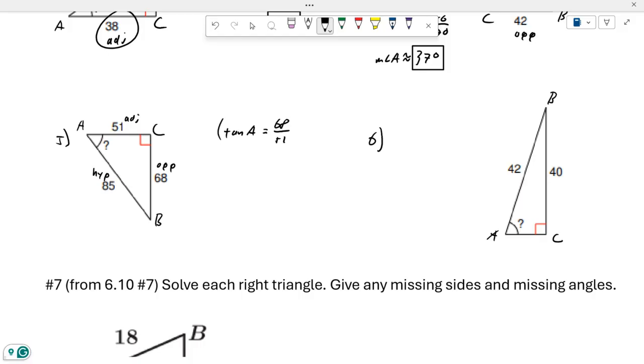I want to get A by itself, so tangent inverse, or inverse of tangent. I end up getting A equals the inverse tangent of 68 over 51. And so the measure of angle A is approximately, whatever that turns out to be.